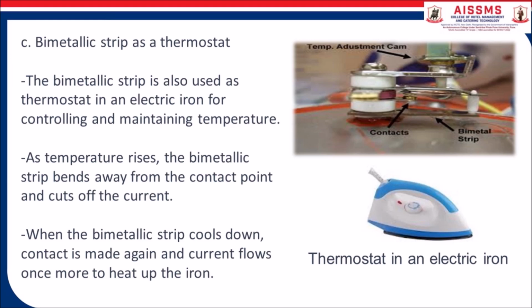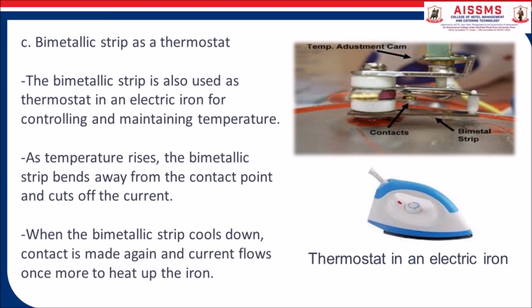Sometimes you can even hear a click sound, that is an indication of the varied temperatures in the iron. When the bimetallic strip cools down, the contact is made again and the current flows once more to heat up the iron. That's how the iron can maintain the temperature.